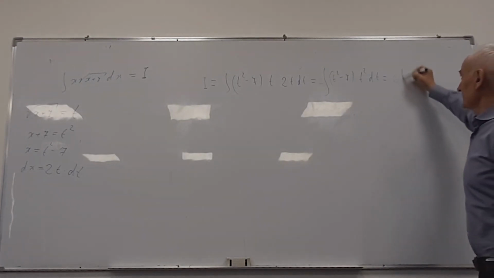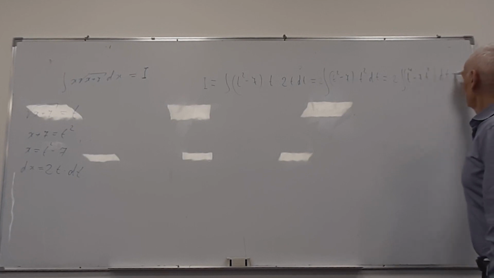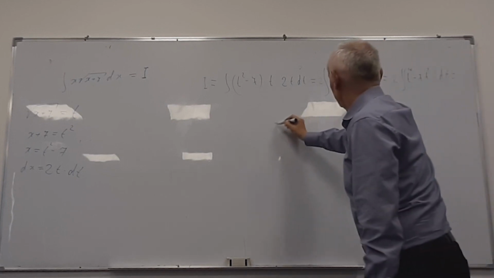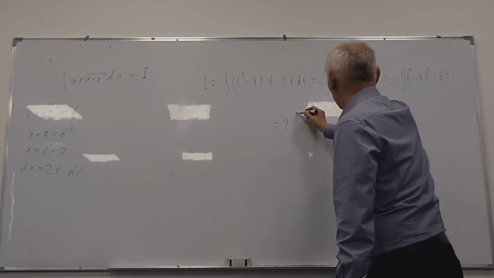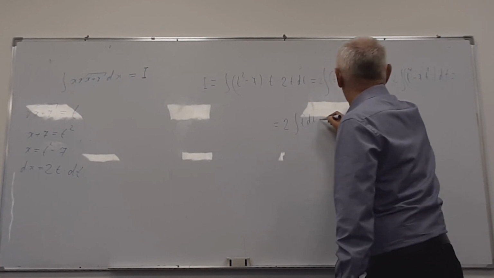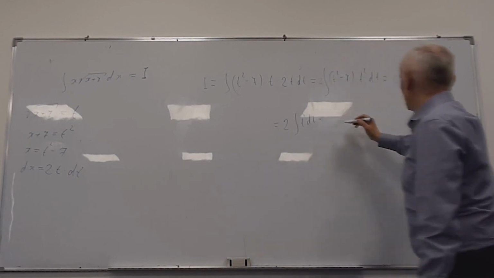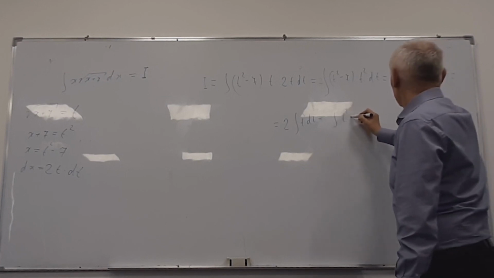So 2 times the integral of t to power 4 minus 7t square dt, and it's equal 2 times integral t to power 4 dt and minus the integral t square dt.